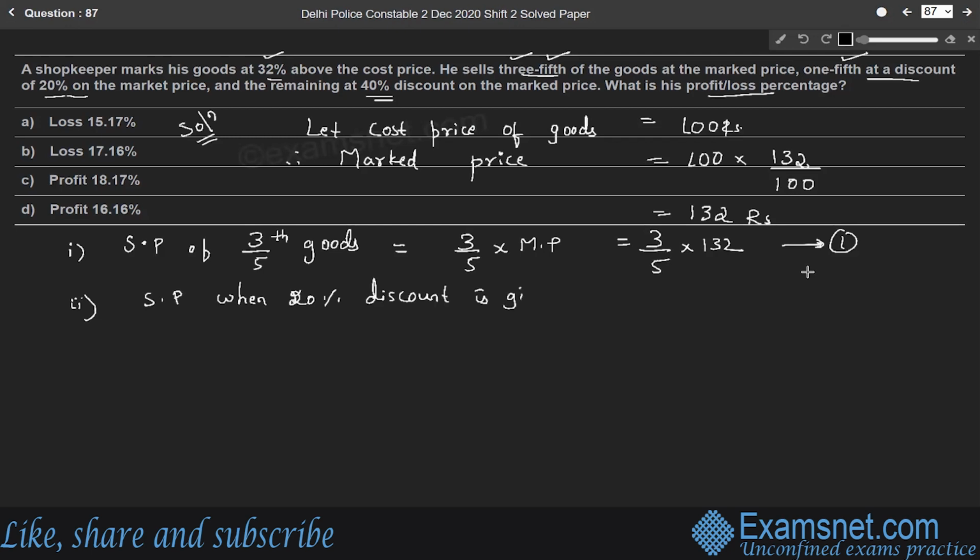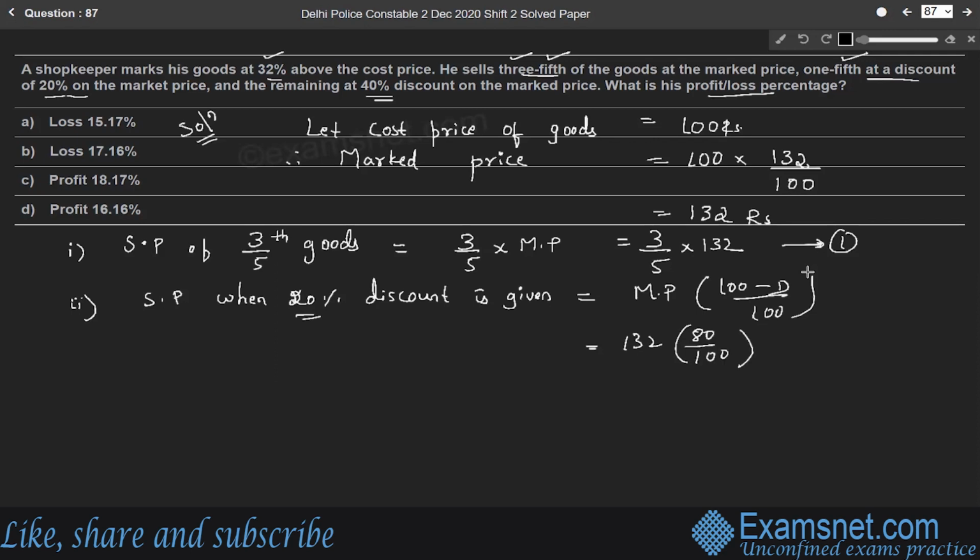By formula, selling price is market price into (100 minus discount) by 100. So market price is 132 into (100 minus 20%), which is 80 by 100.